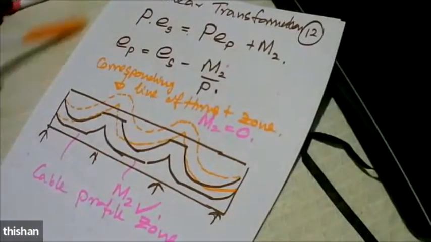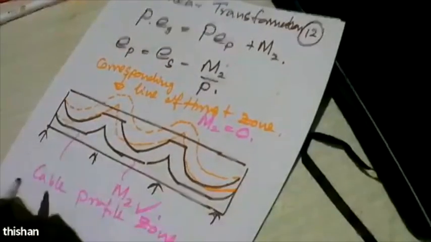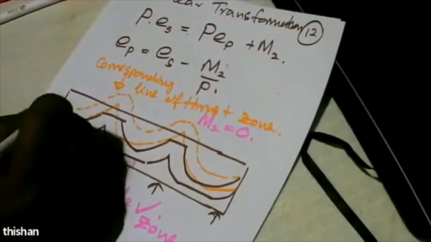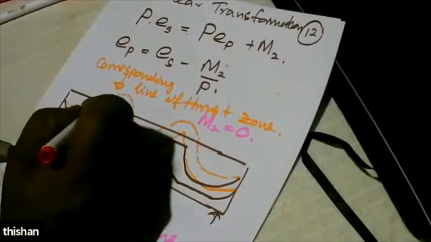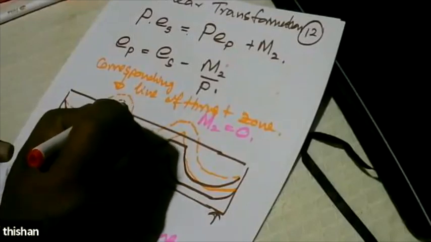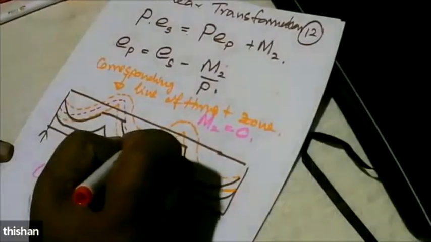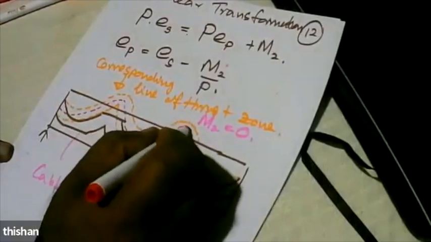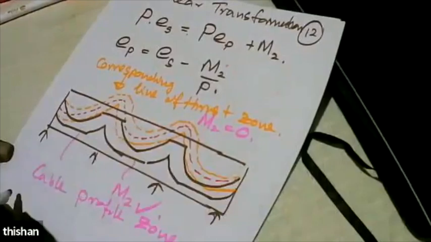So now if it is a line of thrust, that means M2 is 0, then I can actually fit a bending moment diagram into this. But it's a trial and error process. So for the selected pre-stressing force, I will apply a set of loads and get a bending moment diagram that will fit inside that.